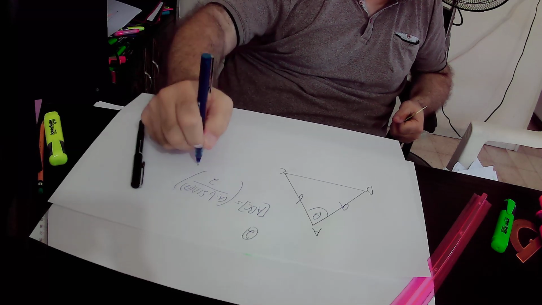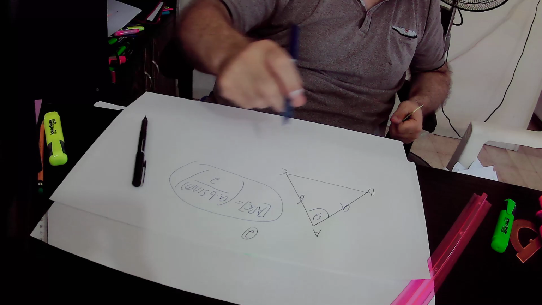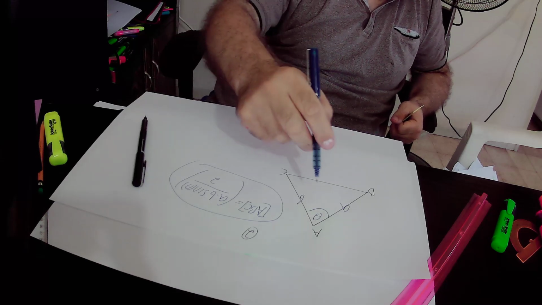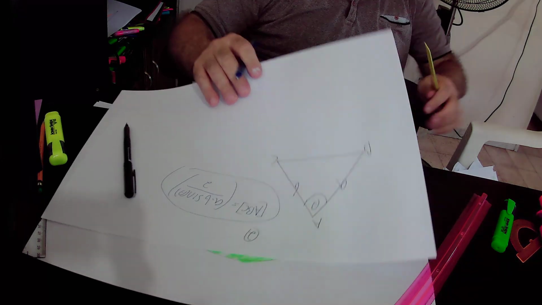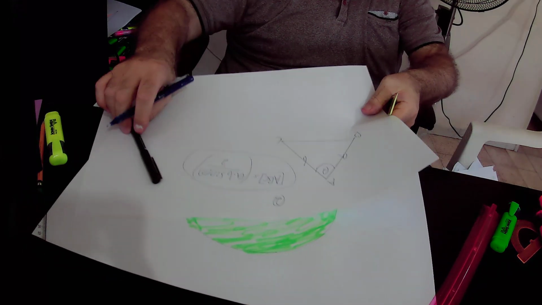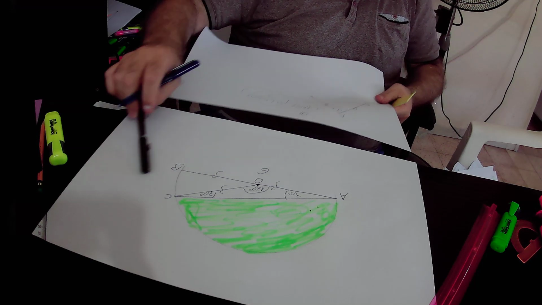I'll repeat again, the area of this triangle ABC will be equal to A times B times sine theta over 2. We'll use this formula in order to find out the area of triangle AOC.